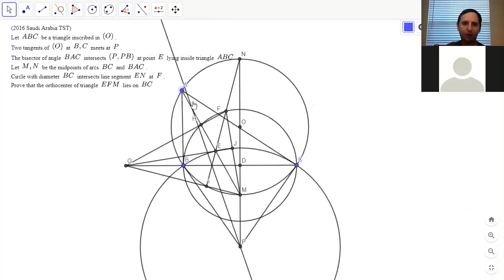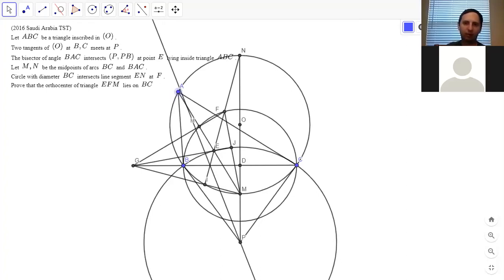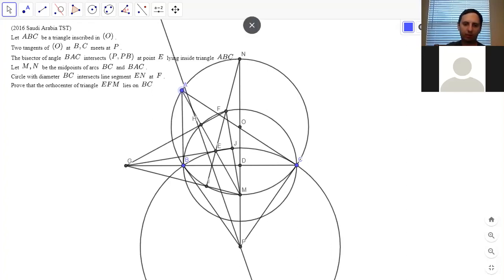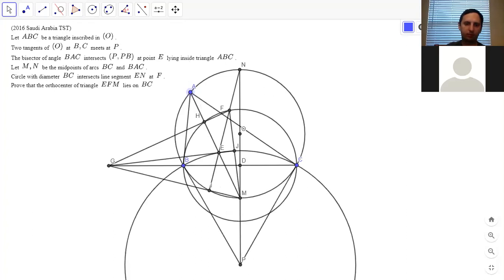Oh, because this doesn't always pass through H. H doesn't lie on the polar necessarily, that's why. But this point does. What if I draw this?